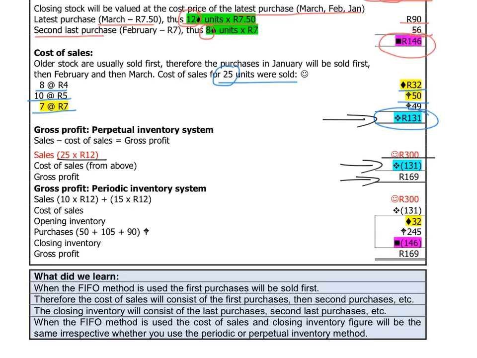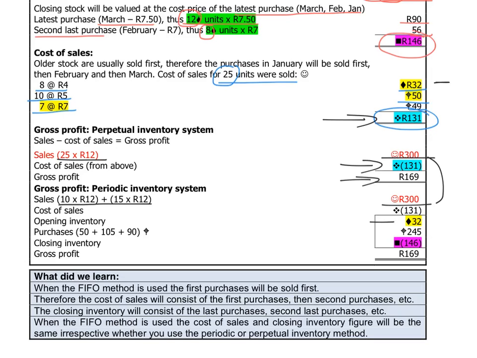In the periodic system, we don't have a cost of sales account during the year, so we will have to do a calculation to determine the cost of sales. My total sales was 10 units at R12 and 15 units at R12. That will give me 300, so both those figures are the same. My opening inventory was R32.